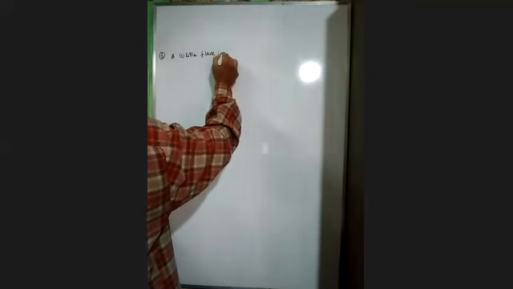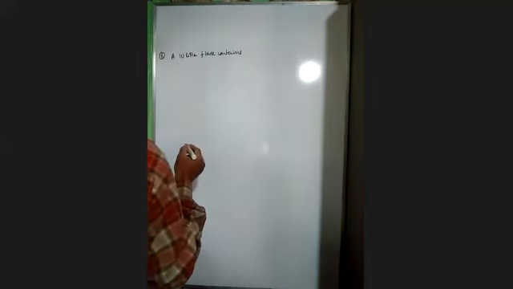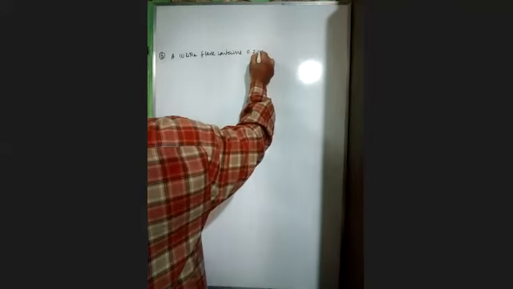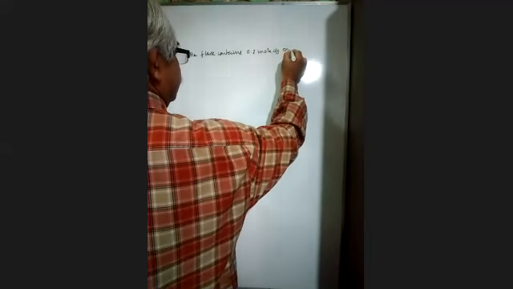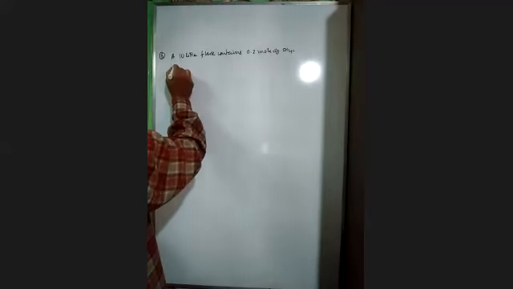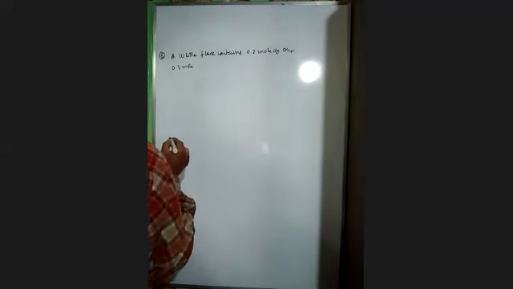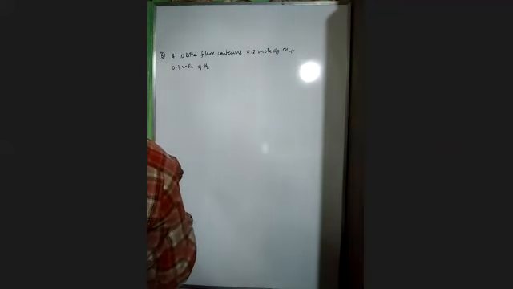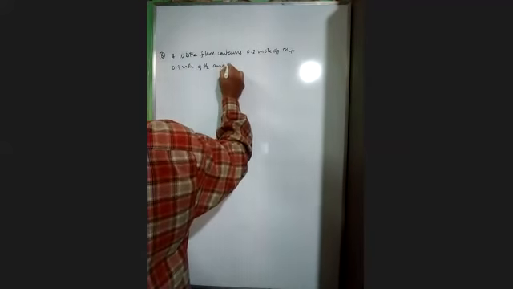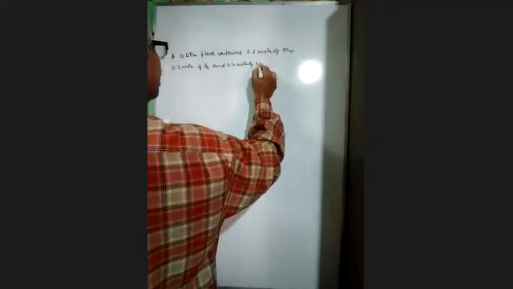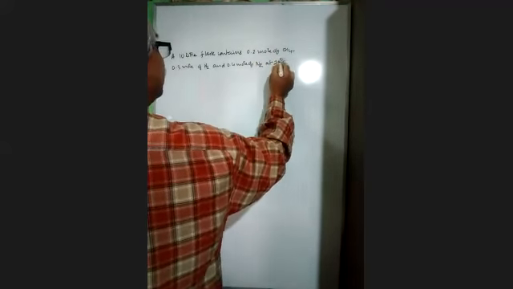A 10-liter flask contains 0.2 mole of methane, 0.3 mole of hydrogen, and 0.4 mole of nitrogen at 25 degrees Celsius. Okay.